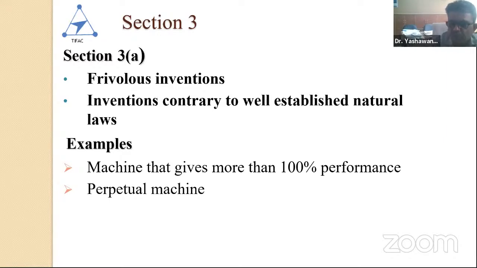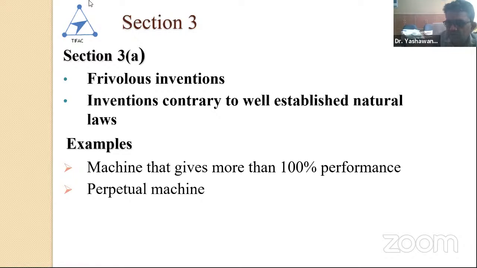Otherwise, it will be called frivolous inventions and inventions which are contrary to well-established scientific laws. So here I'm not talking about law per se, but the natural laws, like Newton's law. Till we prove those laws wrong, anything contrary to those scientific or natural laws will not be patentable or protectable.